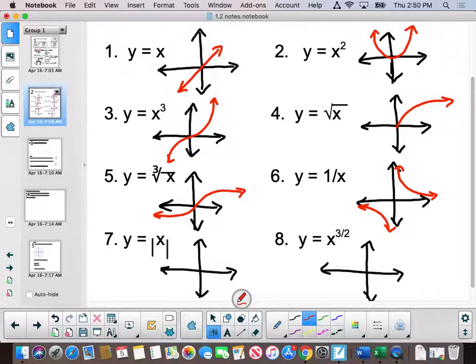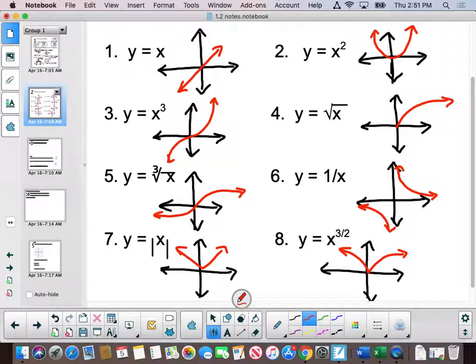I know this absolute value sign kind of got butchered, but it's the absolute value of x, which makes a V. And maybe you don't know what x to the 3/2 looks like, but you kind of have to recognize that this is what it makes. I know you haven't seen probably 6 and 8, but you can always use your graphing calculator if you're not recognizing the parent graphs anyway.